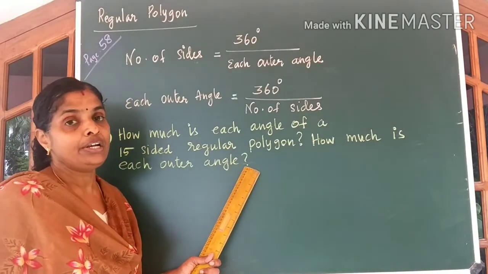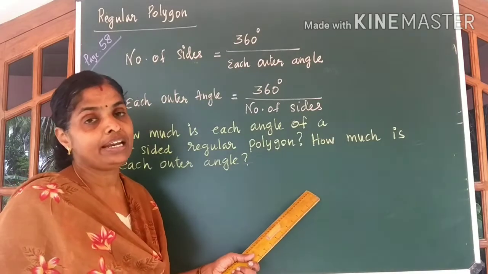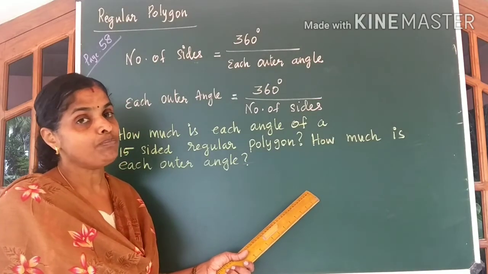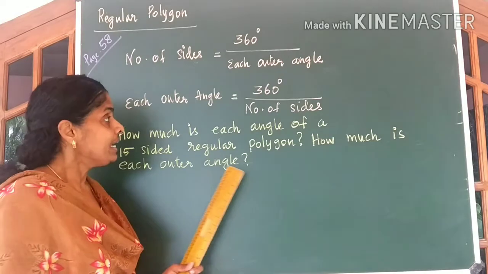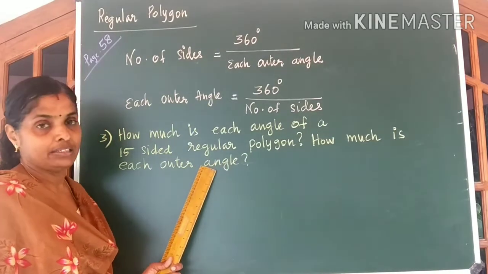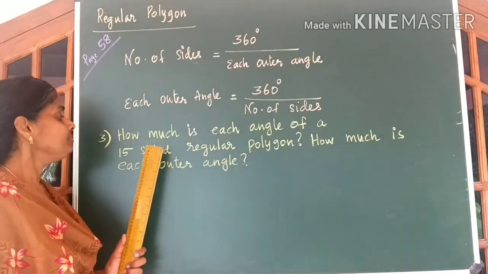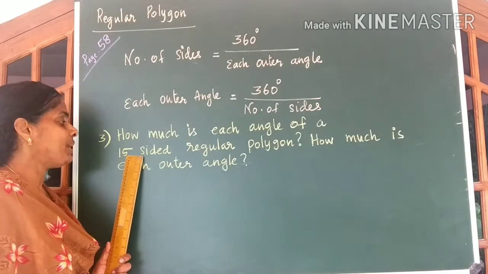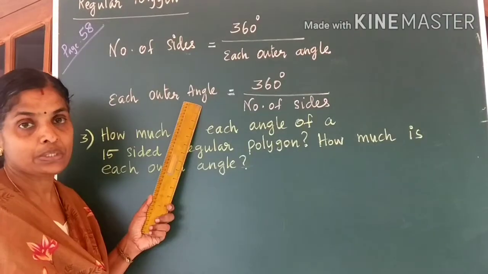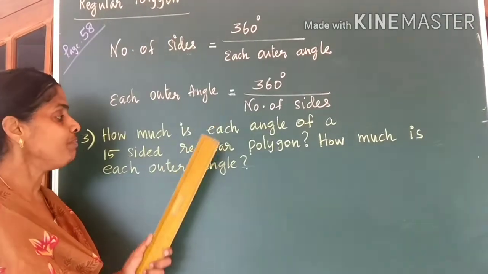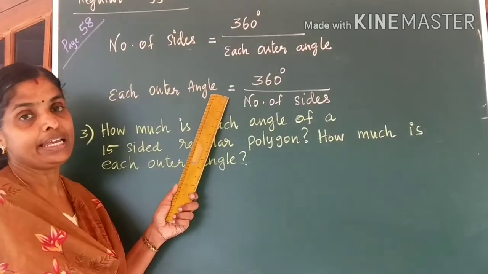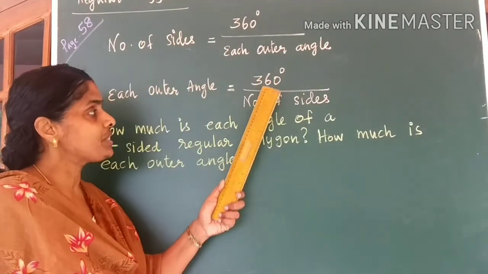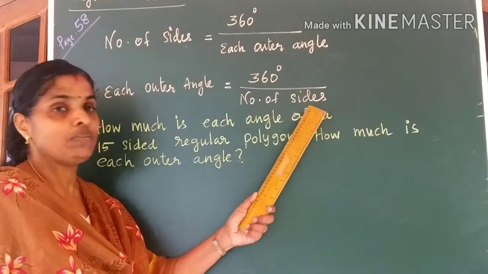Now children, to find the outer angle is very easy. So let us find each outer angle, because we know the number of sides is equal to 15. Use the second formula. Each outer angle is equal to 360 divided by the number of sides.